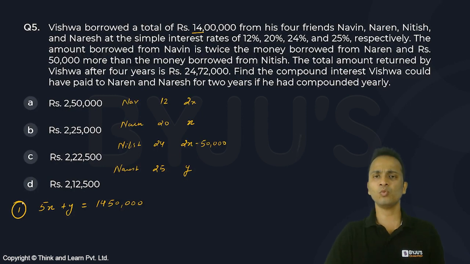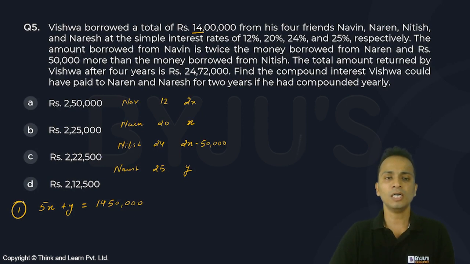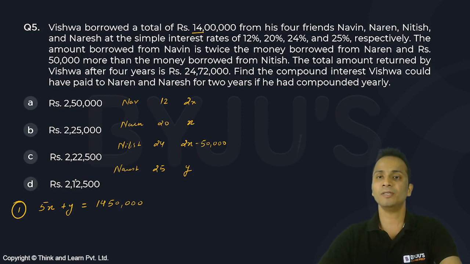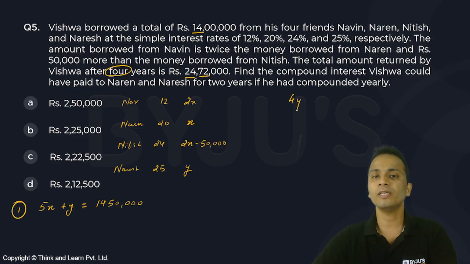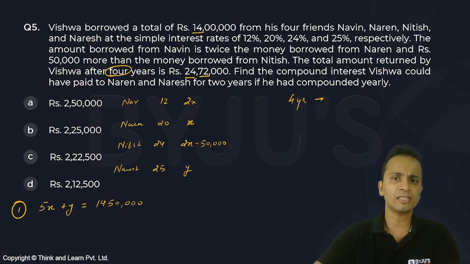Now the second equation will be for the interest that they have earned. The total amount returned by Vishwa after 4 years is 24 lakh 72,000. This is the simple interest. So the 4 years simple interest will be 24 lakh 72,000 minus 14 lakh, subtracting the principal.